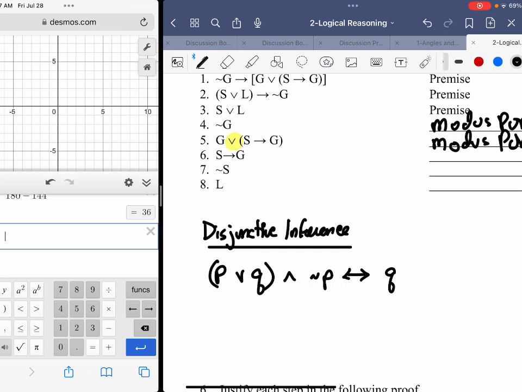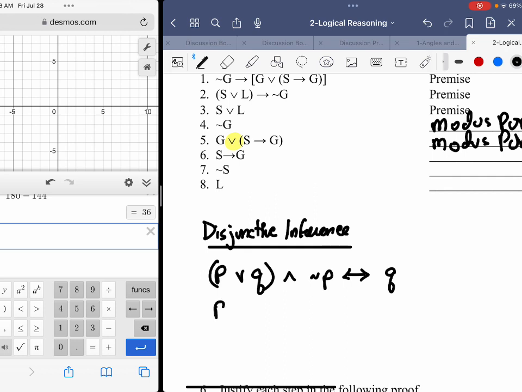If I tell you my next car is either going to be a Toyota Tacoma or a Chevy Colorado. You know what? It's not going to be the Toyota Tacoma. Well, then it's going to be the Chevy Colorado. It's one or the other. It's not one. It must be the other.